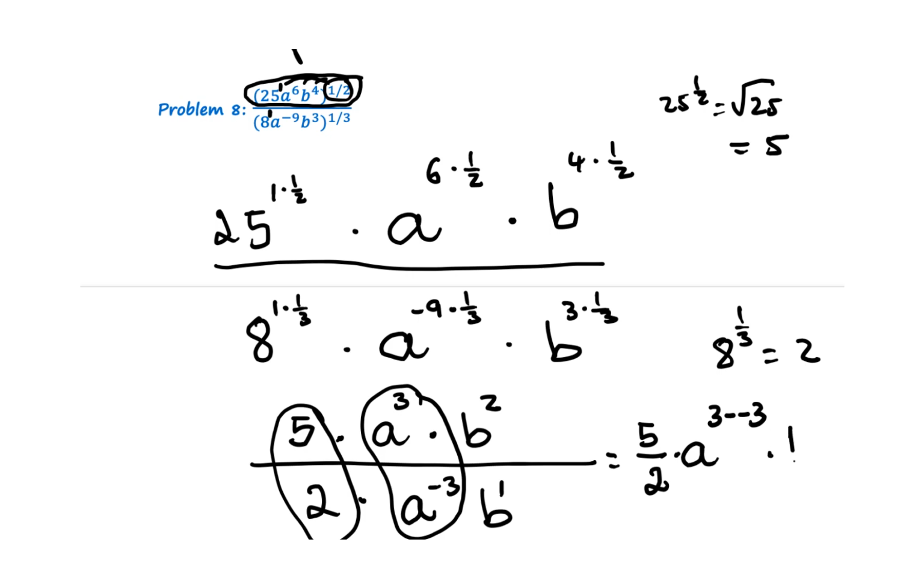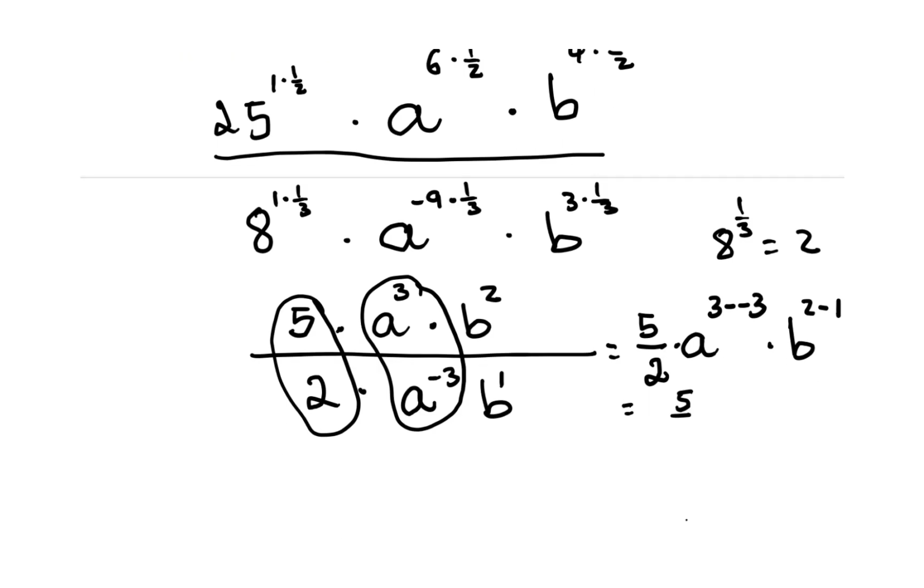And for b, I have b to the power of 2 minus 1. So that's 5/2 times a, and two negative signs following each other turn into a positive, so 3 plus 3 is 6, and b to the power of 2 minus 1 is 1. Luckily here, all the exponents are positive, so you don't need to change anything.